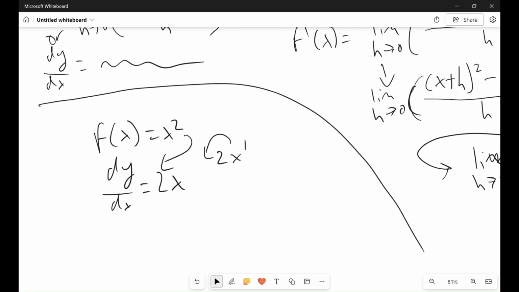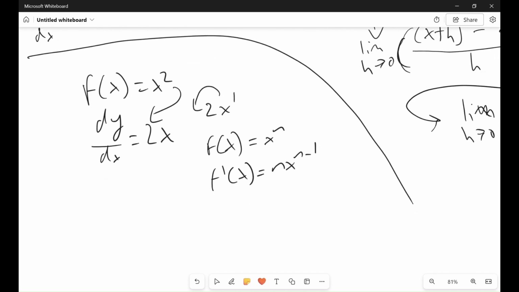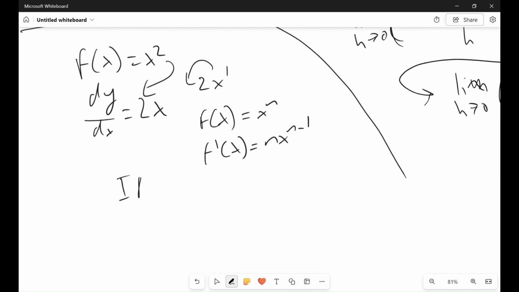So basically, if we write this as a general rule, we don't know if this is right yet: f of x is equal to x to the n, then f prime of x would be equal to nx to the n minus 1. So our theory would be that if f of x is equal to x cubed, then f prime of x would be equal to 3x squared, which is nx to the n minus 1.